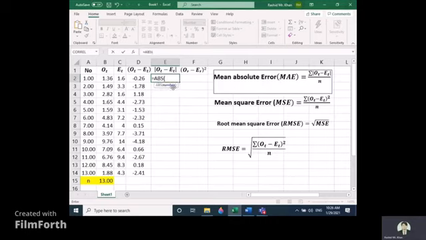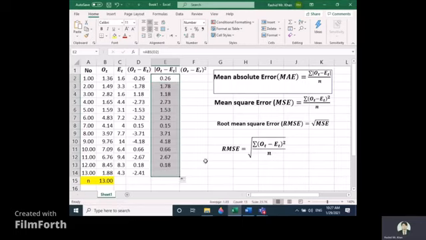Double click on ABS, select the first value of this column, put another bracket and enter. Now look here, the minus value is changed to plus value, minus 0.26 is shifted to plus 0.26. Now drag it down till the end, and these are the absolute values. All the negative values are changed to positive, while positive values remain positive.